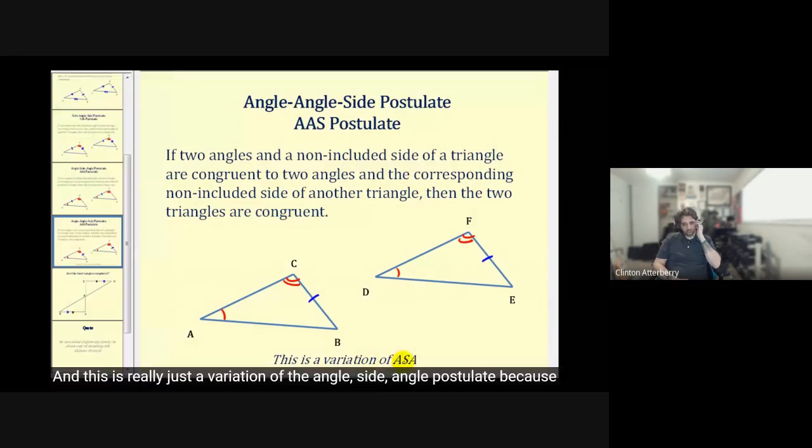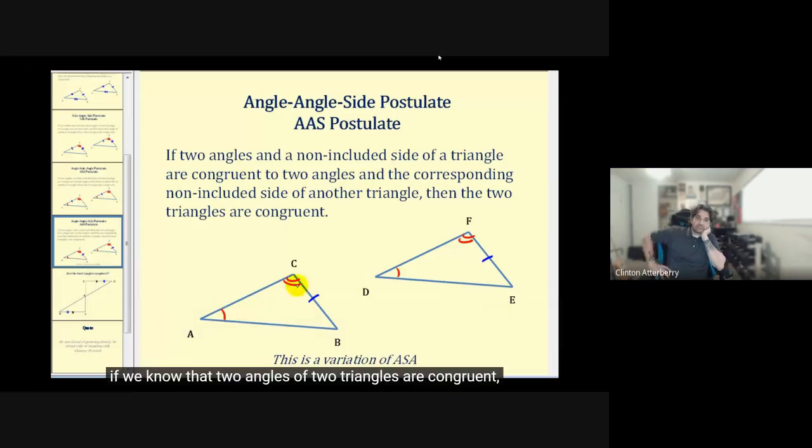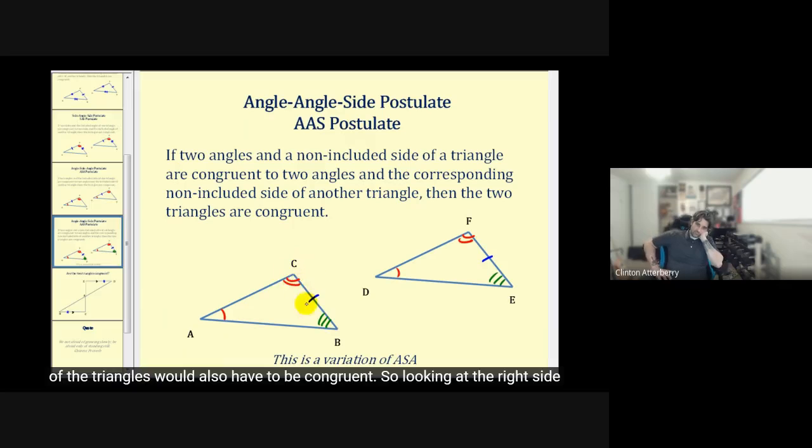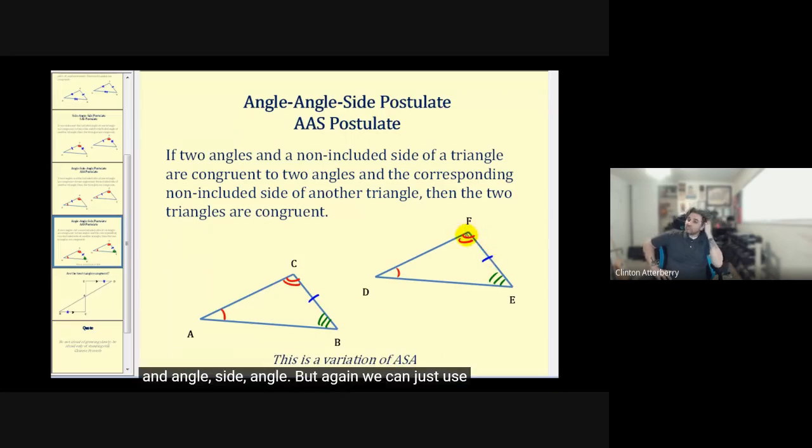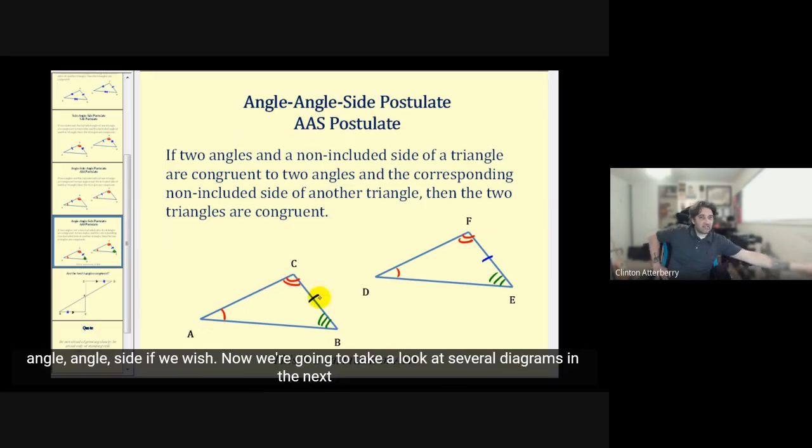This is really just a variation of the angle-side-angle postulate, because if we know that two angles of two triangles are congruent, since the sum of the interior angles is 180 degrees, the third angle of the triangles would also have to be congruent. So looking at the right side of these two triangles, we have angle-side-angle and angle-side-angle. But again, we can just use angle-angle-side if we wish.